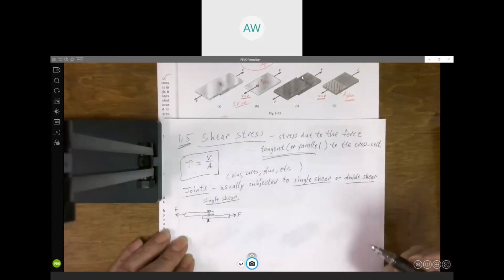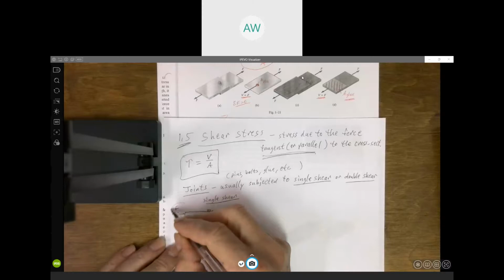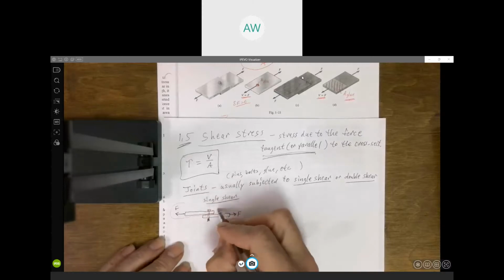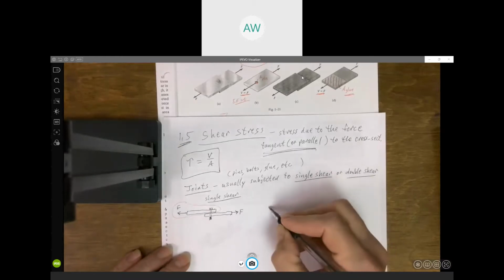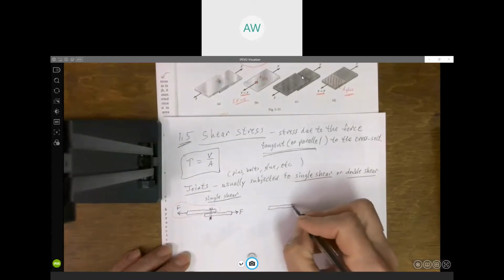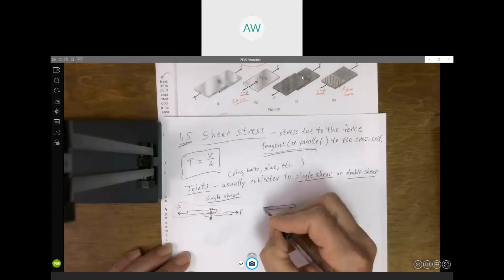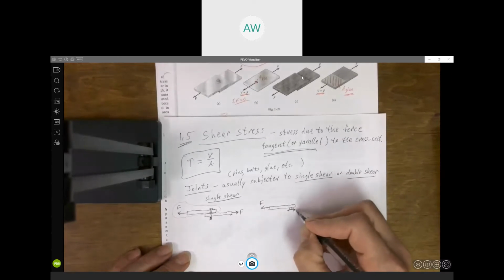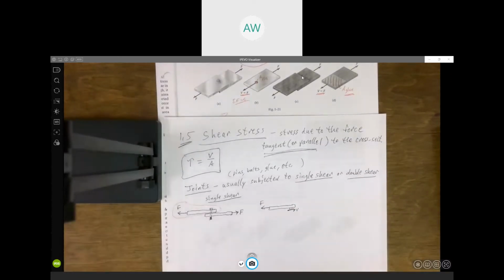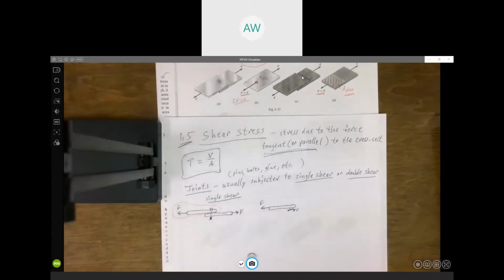And again, let's draw the free body diagram of this top one here. And so if we're looking at that, our shear force V is that force that's acting on that cross-sectional area of the bolt or the pin.